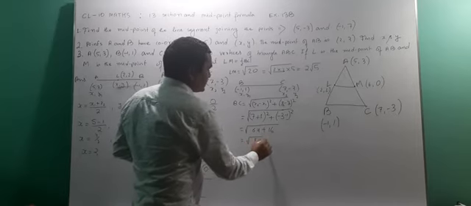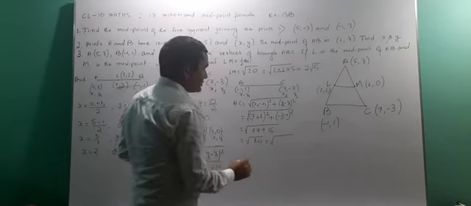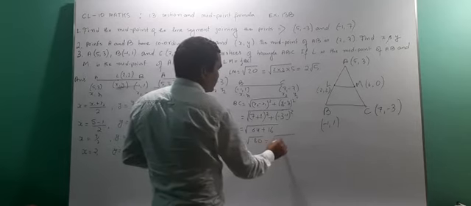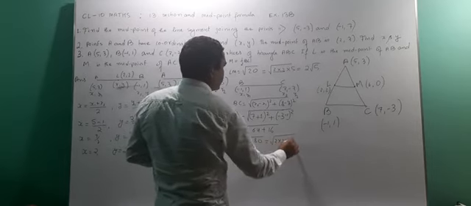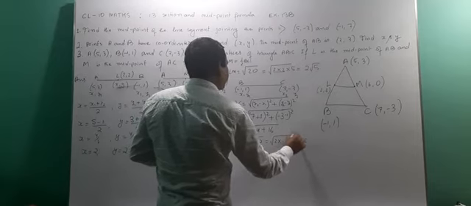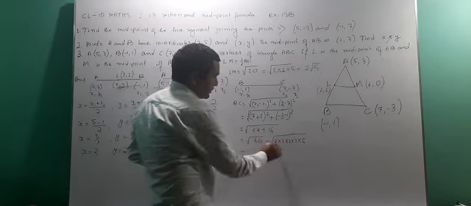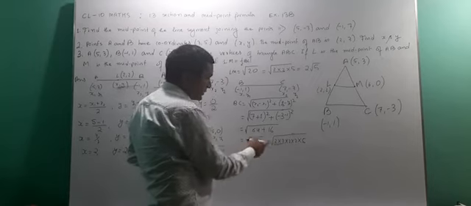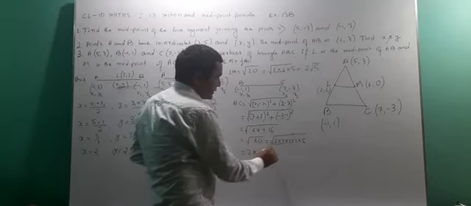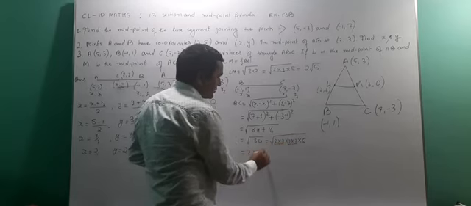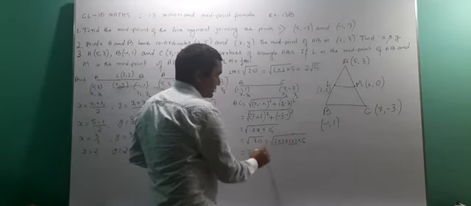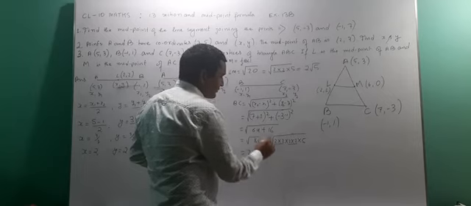Then the factors of 80 are 2, 2, 2, 2, 5. Out of each pair of factors, one comes out of the square root, then another pair again, 2 comes out, and then there is no pair, so 5 remains under the root.